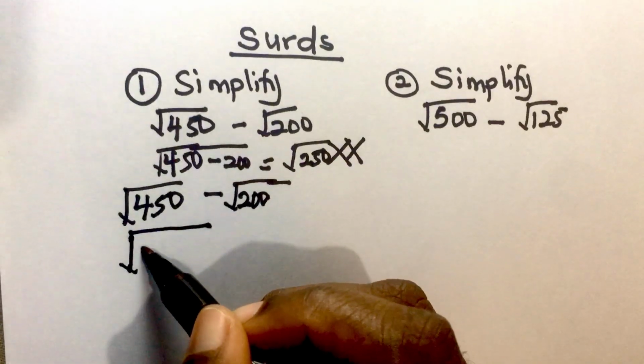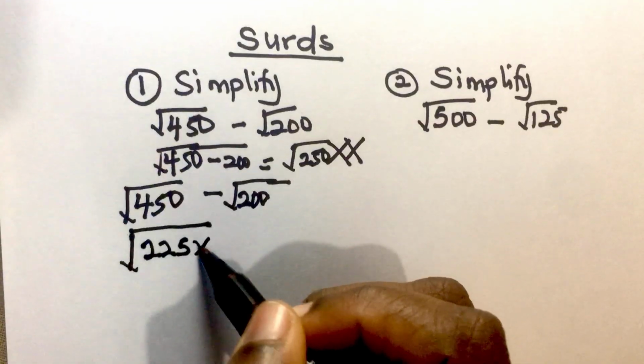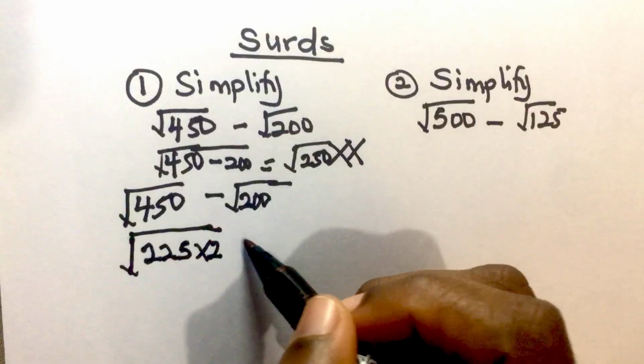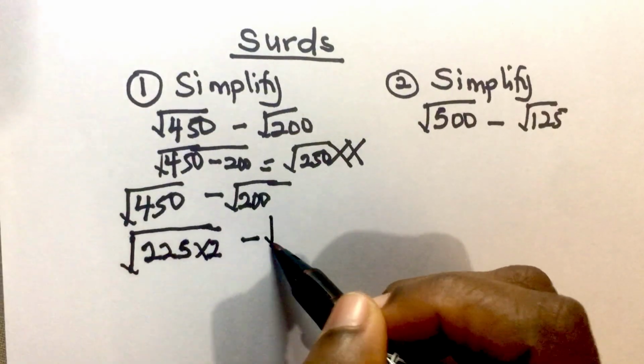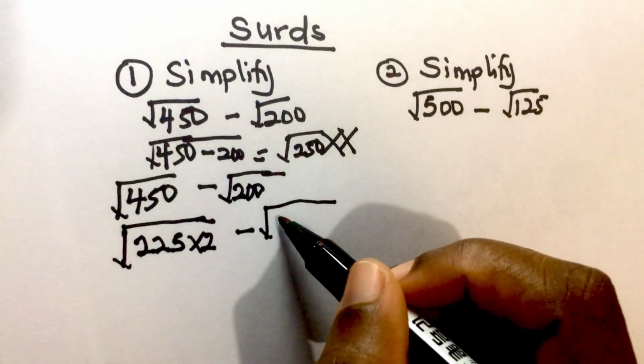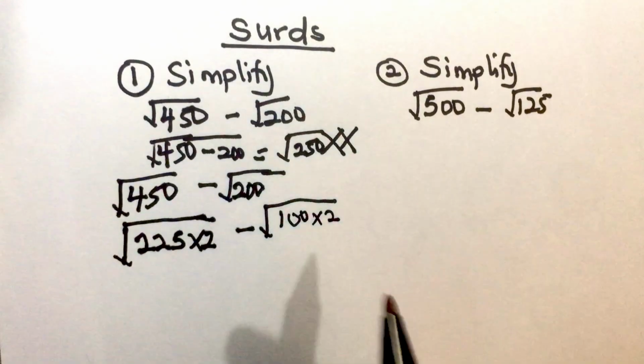Let's simplify. 450 can be written as 225 times 2, and the 200 can also be written as 100 times 2.